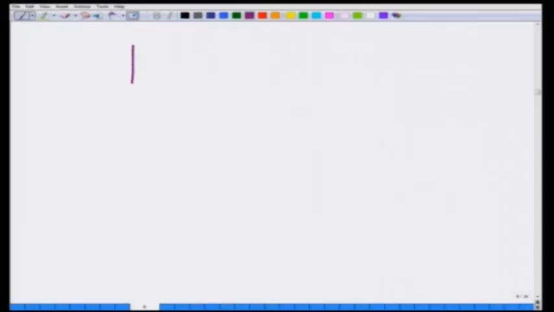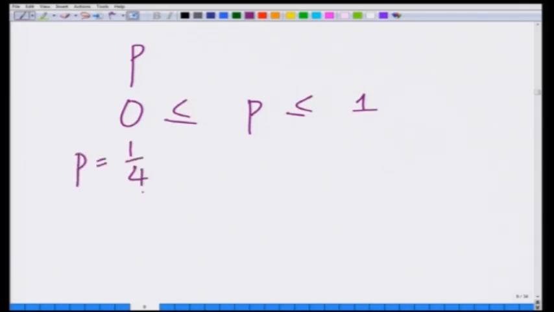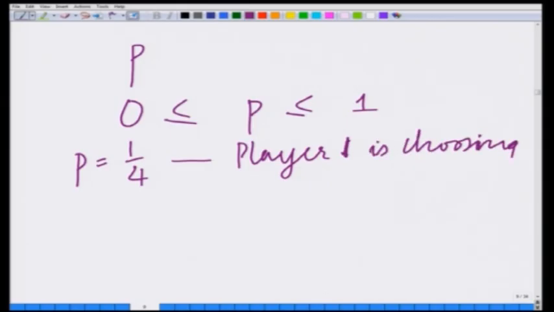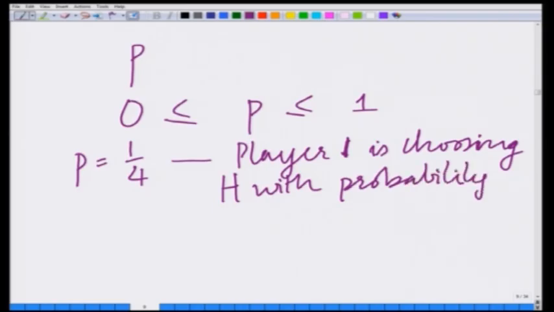therefore, the probability P has to lie between 0 and 1. Let us say for example, P equals 1/4, which means player 1 is choosing heads with probability 1/4.